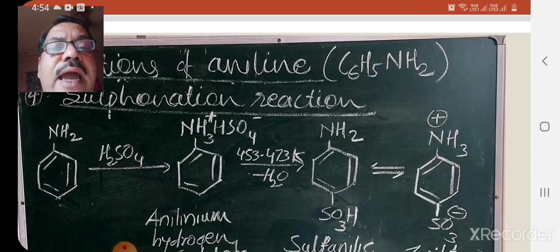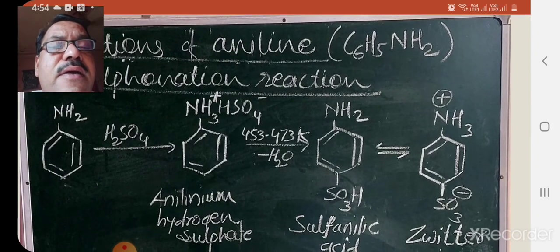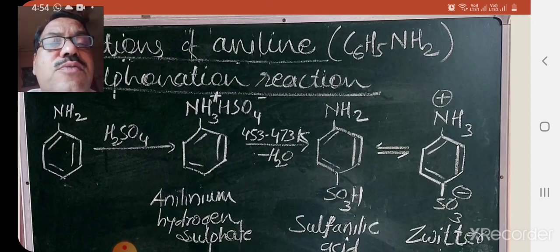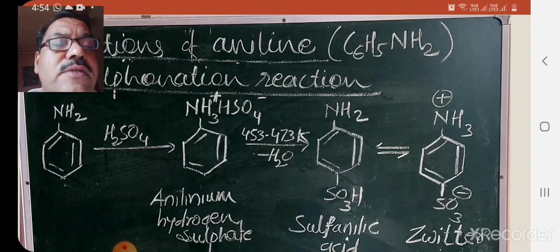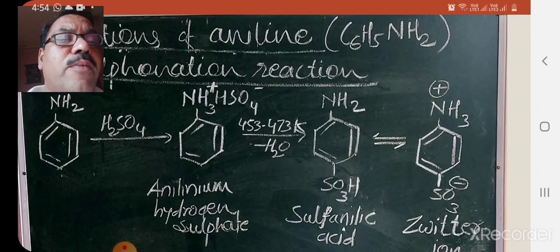Now, the second reaction of aniline is the sulfonation reaction. When aniline is reacted with sulfuric acid, dilute or concentrated, anilinium hydrogen sulfate is formed. You can see only H2SO4 gets added, and NH3+ HSO4- is formed. When this anilinium hydrogen sulfate is heated at 453 to 473 Kelvin, the SO3H group gets attached at the para position.